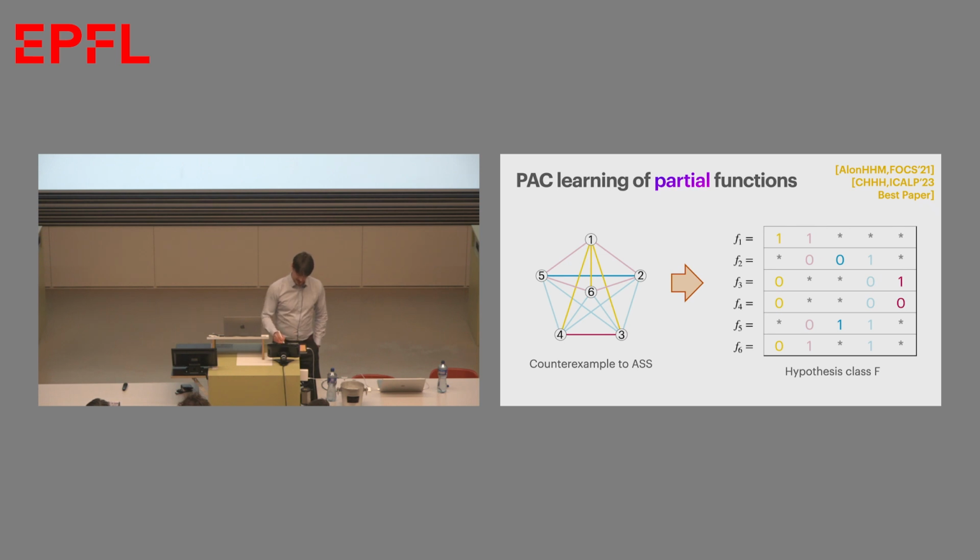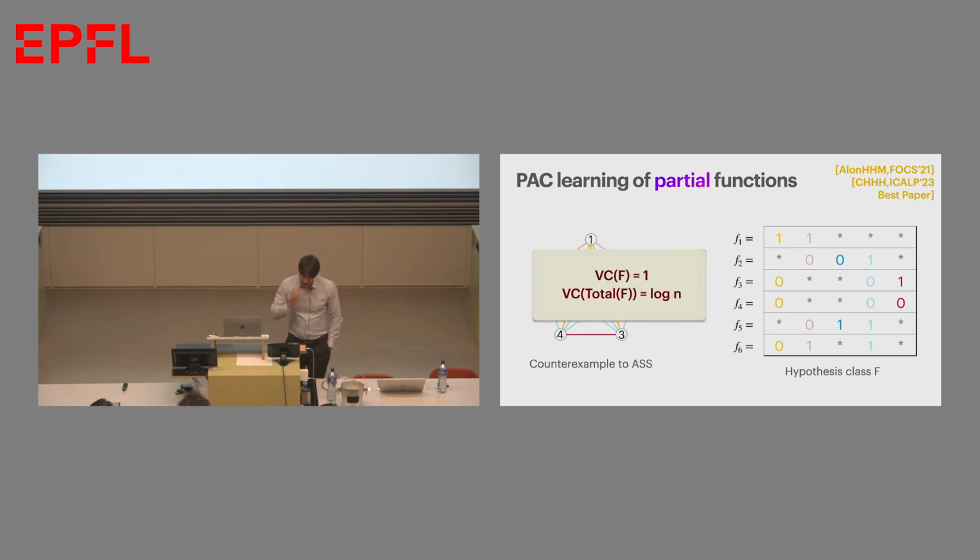So it's something like I put a 1 in here if the corresponding node is on the left side of the biclique. I put zeros for nodes on the right side of the biclique, and I put stars for nodes that are not involved in the biclique. So every biclique gives me one column in this matrix, and that defines a function family.